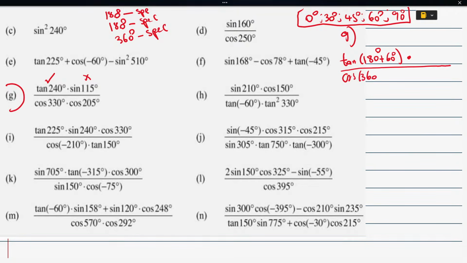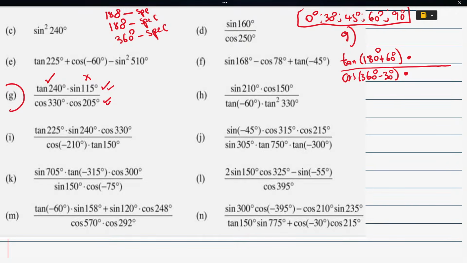This will be 360 degrees minus 30 degrees. Then these two are a problem now. We have a serious problem now. The problem is sine 115 and cos 205. That is the problem that we're having.